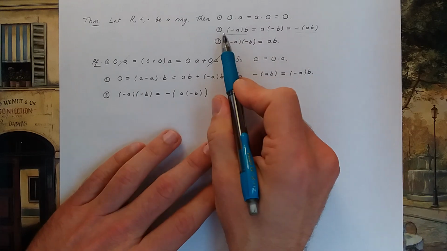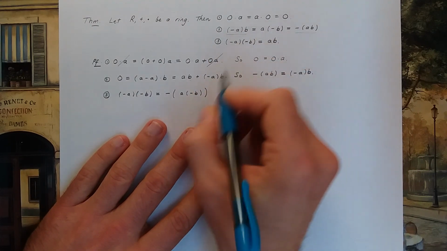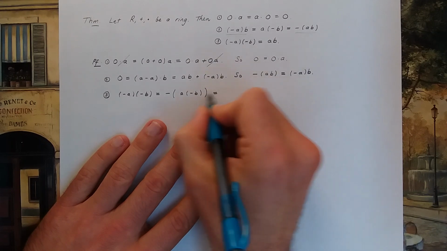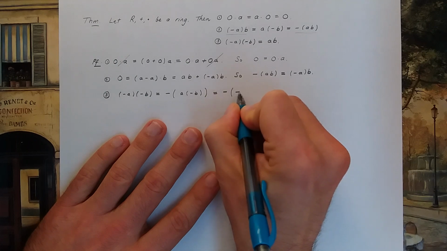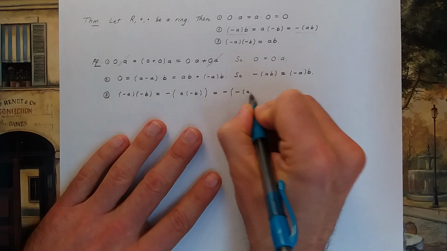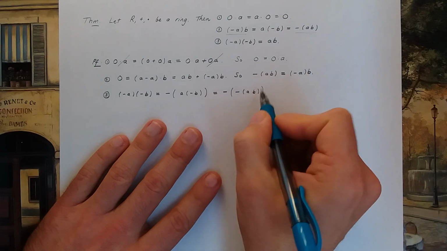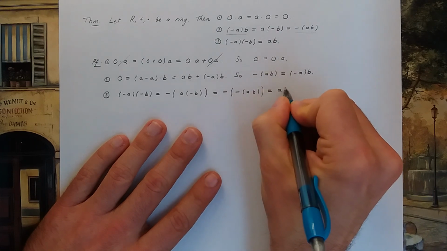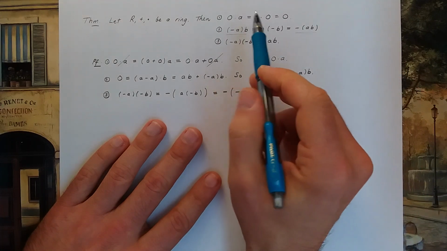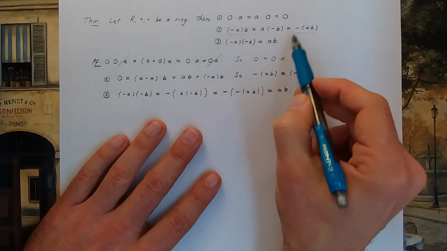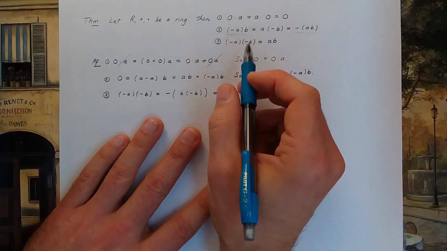Now I can use property 2, factoring out the negative on the B. So this is negative negative AB. Now the inverse to the inverse is itself, so this is just AB. So that's the proof of properties that you probably expected should happen in a ring, and they do.